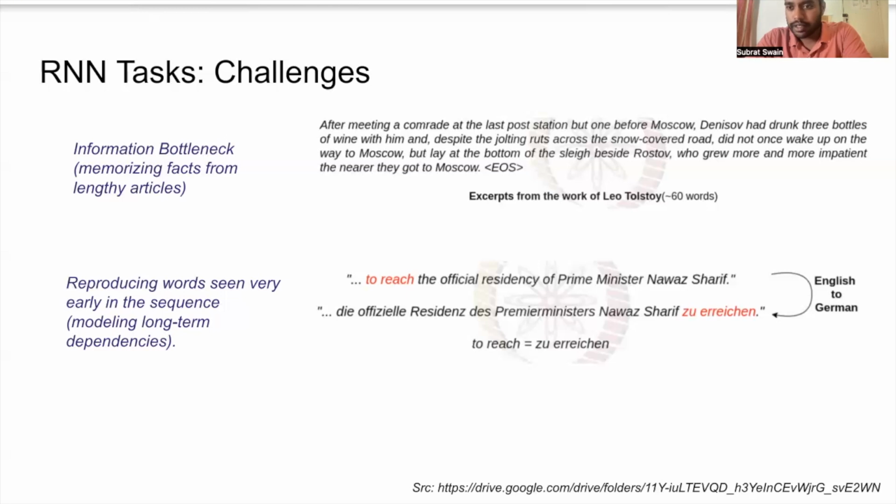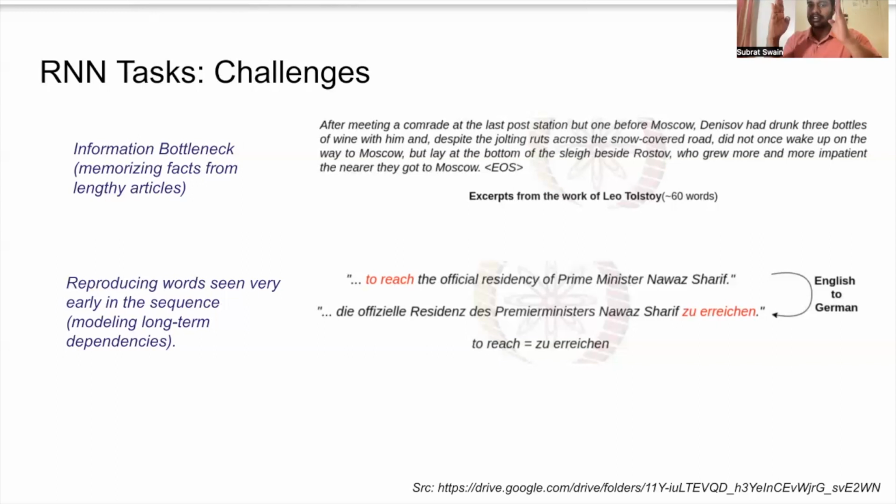So if you look at it, the term "to reach" is translated to zu erreichen. So the dependency between the words in the input text and the translated text is not direct. It's not like they are translating it word by word.